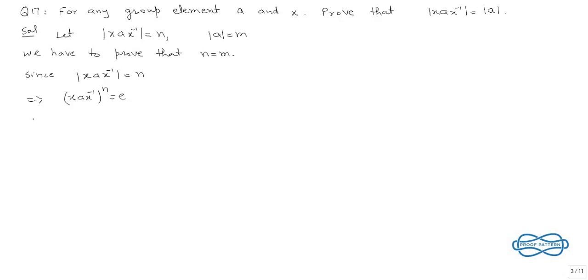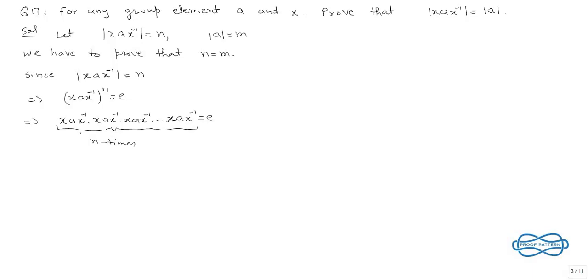This can be written as (x a x inverse)(x a x inverse)(x a x inverse) and so on, the product of these elements is identity, and these are n times.